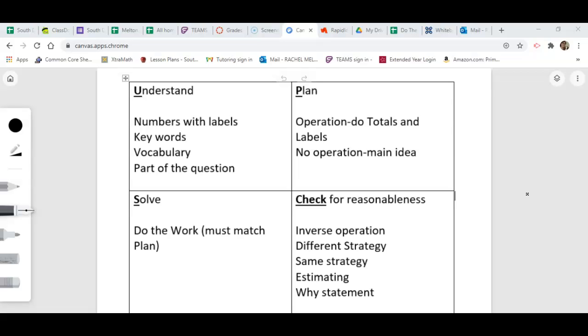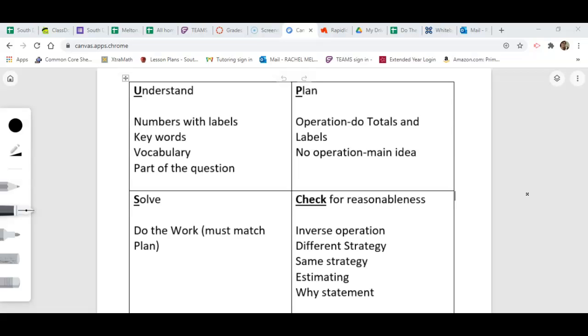What I teach my children is to use keywords not as the very first thing they look at to tell what they need to do, but as a, let's just look and see if these keywords support the work that I've done. And of course, vocabulary, any kind of vocabulary words that might help them understand and solve the problems. And then part of the question, not the whole question, just part of it, just something that is the main idea of that question that tells me what I need to do.